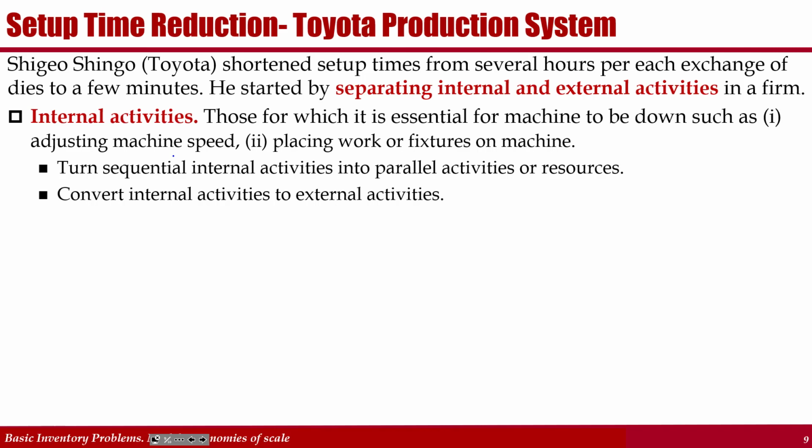Examples are adjusting machine speed, placing work on the machine. They try to turn sequential internal activities into parallel internal activities. Two activities, if each of them takes 5 minutes, and if they are sequential, take together 10 minutes, but if they are parallel, together still take 5 minutes.